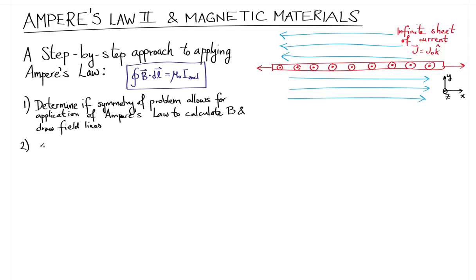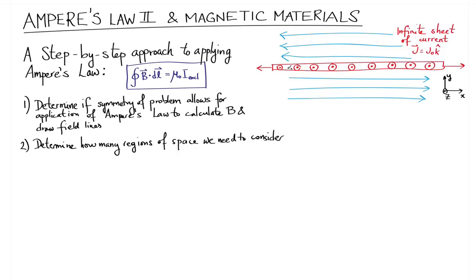But determine how many regions of space we need to consider. In this case, we're going to think of the sheet as being infinitely thin. So basically, there's the space above the sheet and the space below the sheet. When we consider our Amperian loop, we can draw a loop that spans both these spaces.